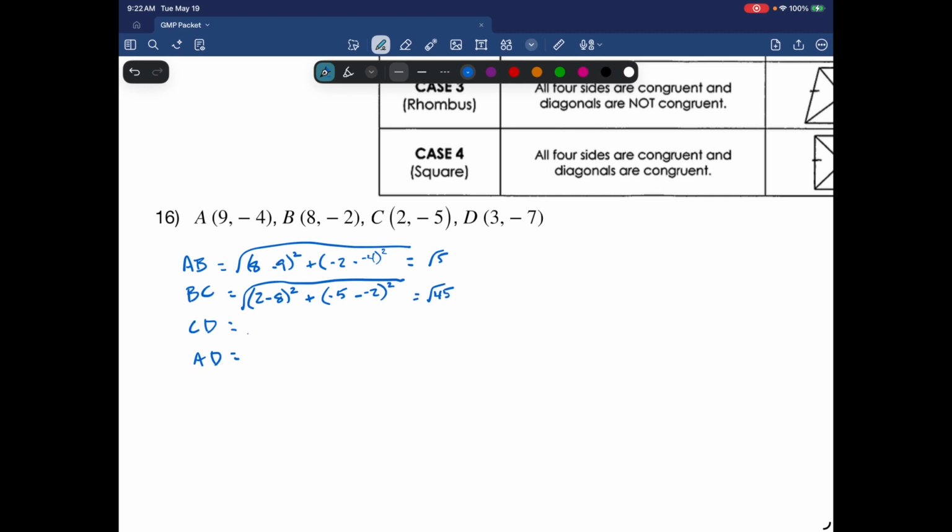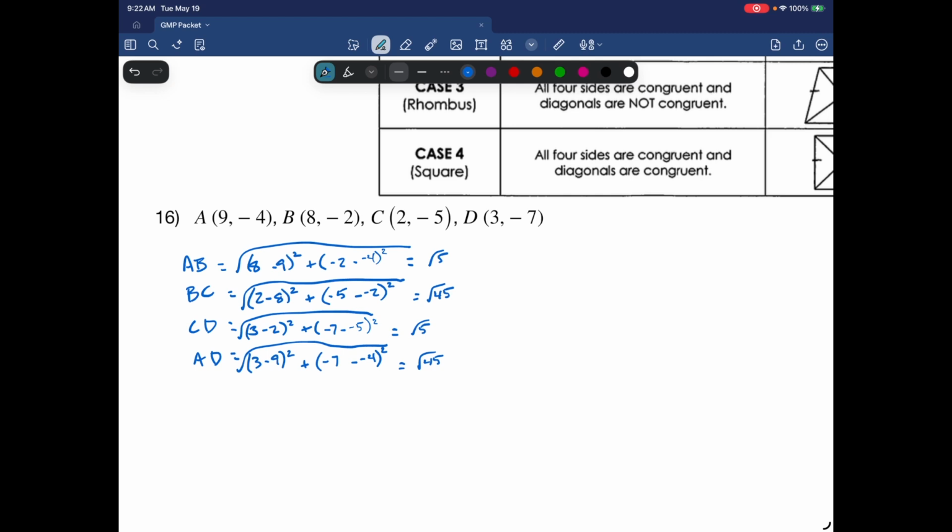All right, CD, I have 3 minus 2 squared plus -7 minus -5 squared. It's going to give me square root of 5. And then AD is going to give me 3 minus 9 squared plus -7 minus -4 squared. Using my calculator, I get square root of 45.